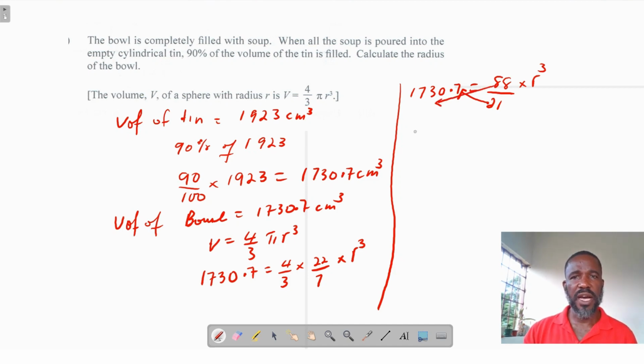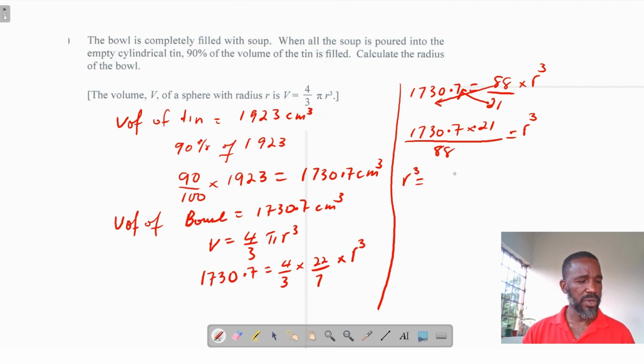So we have 1730.7 times 21 divided by 88, and that is equal to r cubed. So r cubed is equal to 413.0. This is what r cubed is equal to.